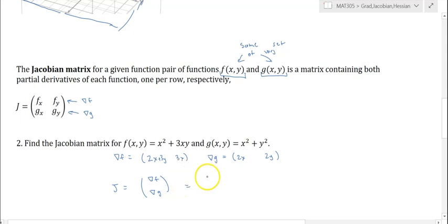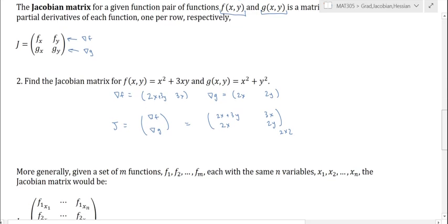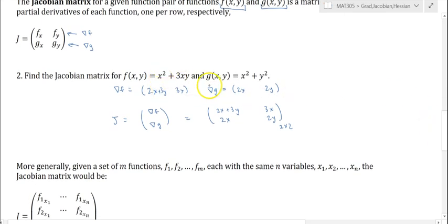So that's going to be the matrix with 2x plus 3y and 3x as the first row components, and then the second row will again have two entries, 2x and 2y. Notice this will be a 2 by 2 matrix. In general, you may have more functions than f and g, and you may have more variables than just x and y. So let's denote the functions f2 all the way up to fm.